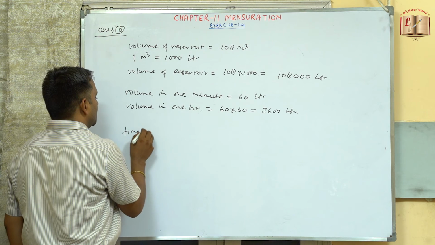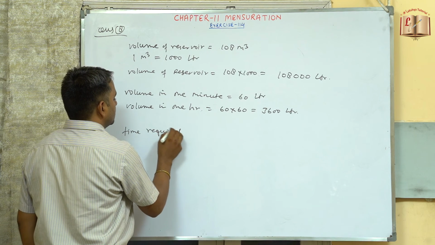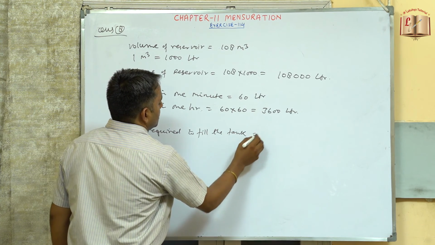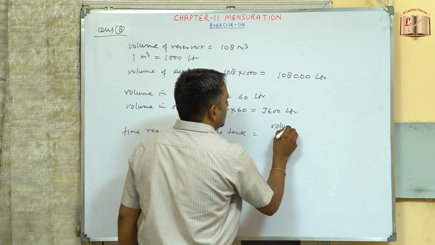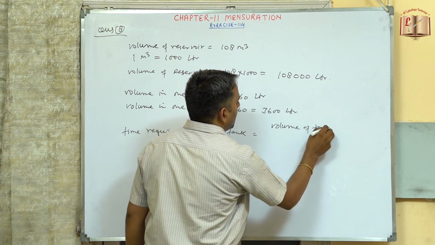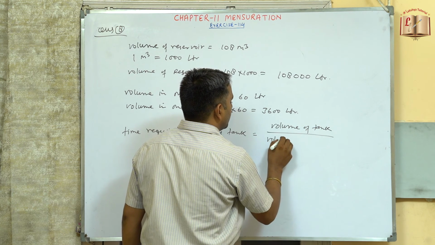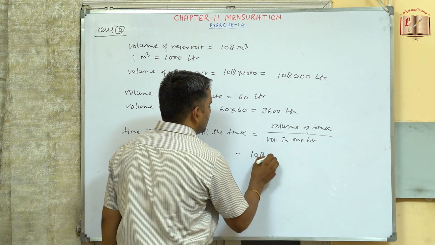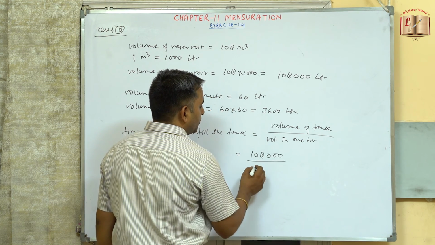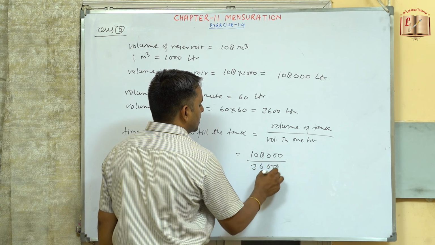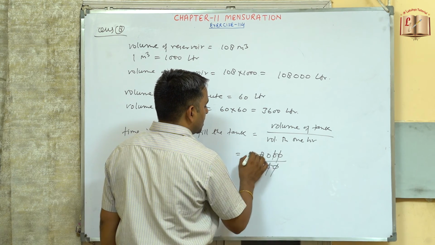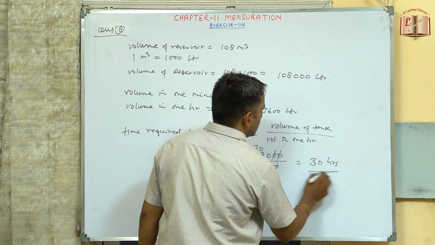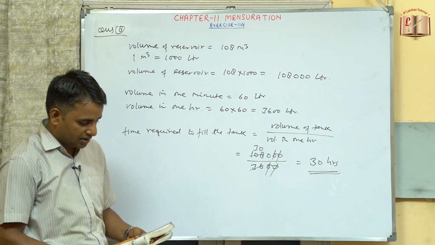So the time required to fill the tank will be volume of tank divided by volume in 1 hour. So volume of tank is 108,000 and volume in 1 hour is 3600 liters. So this cancelled, so this is now 3 and 0, so this is 30 hours. So 30 hours will be required to fill this tank.